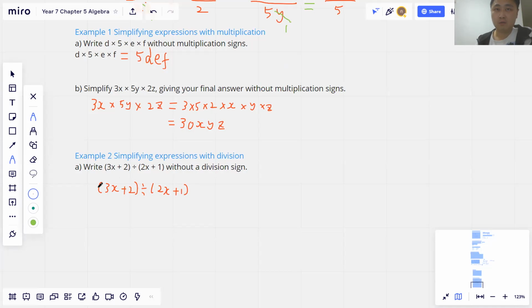Because of the brackets, you can look at each bracket as one number, and for the division, you can write a fraction line. So this equals 3x plus 2 over 2x plus 1. This will be your final answer.